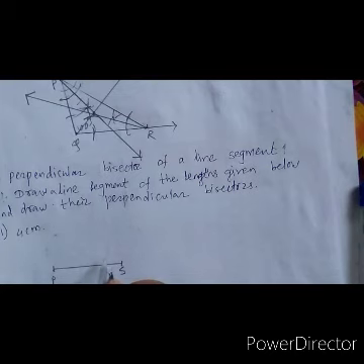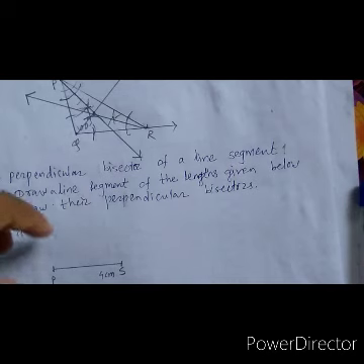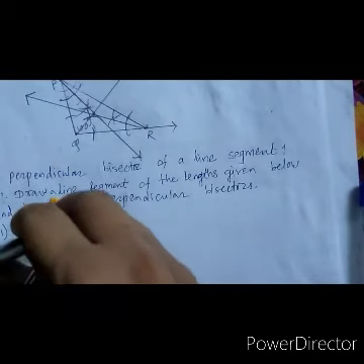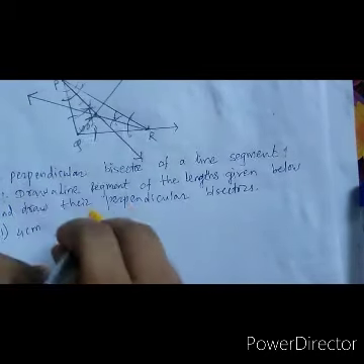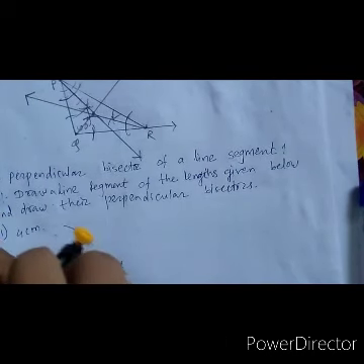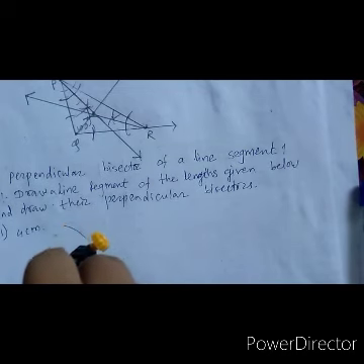Now we have to draw its perpendicular bisector. Perpendicular bisector means it makes 2 equal parts, and a line should be a straight line. So we have to put the compass point on the point P, and we have to take more than half distance, and we have to draw an arc on both sides, upside and downside.